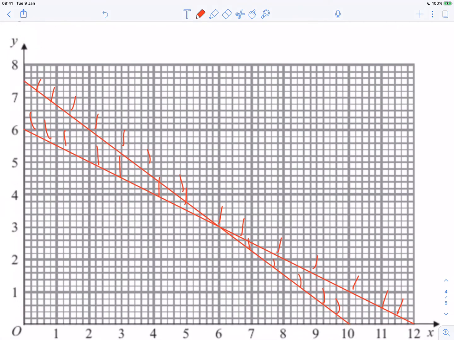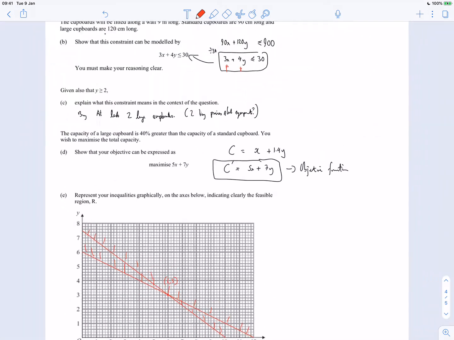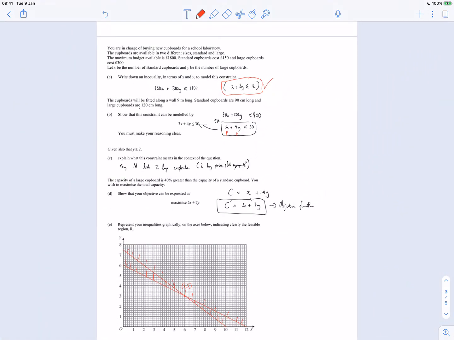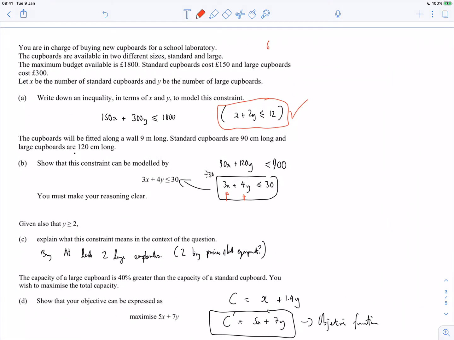And now I spot that there is an intersection point here. And it looks to be 6,3. But that's just because I've drawn it like that. Let's check to see what's going on. So when x is 6 and y is 3, then if I plug it into the first one, if x is 6 and I double y, is that 12? Yes. And then 3 lots of 6 is 18, plus 4 lots of 3 is 12, that is 30.